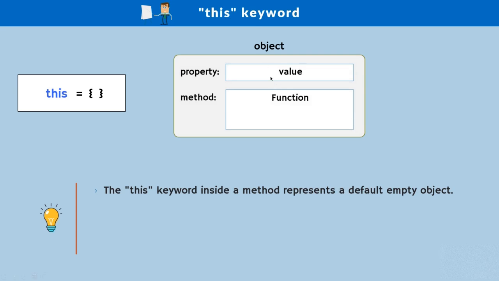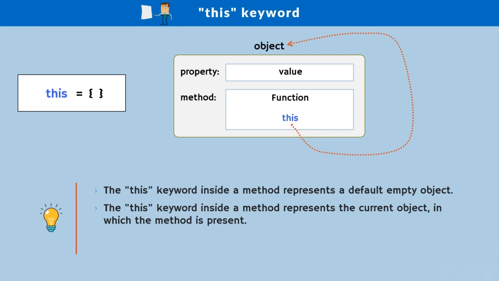So assume there is an object which has a method. If you are using the this keyword inside a method, the this keyword represents the current object inside which the method is present. For example, there is an object called x and there is a method called y. Inside the method y, if you use the this keyword, it by default represents the current object, that is the x object.